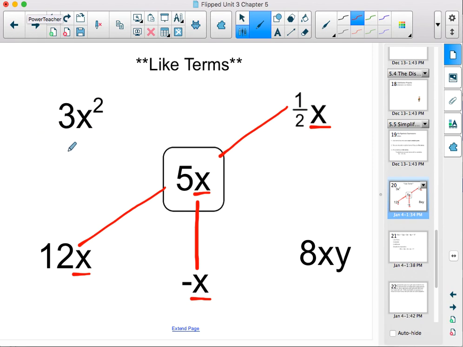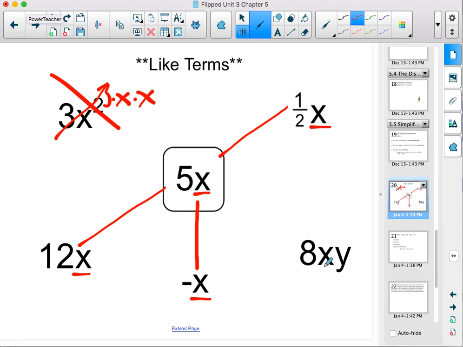So if we look over here at this term, 3x squared. X squared means x times x. So if we think about what that term would look like if we kind of expanded it, it would be 3 times x times x. So that's not the same as 5x, different variable part. So they are not like terms. Over here, we've got this guy, 8xy.